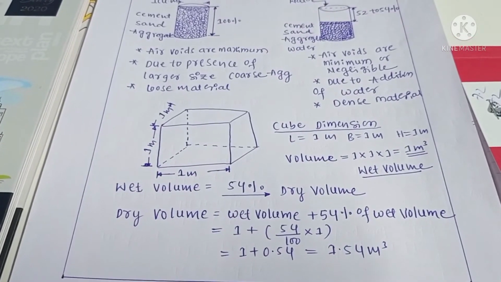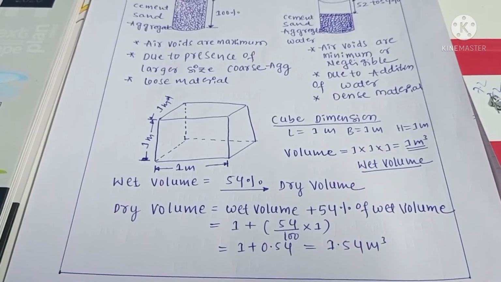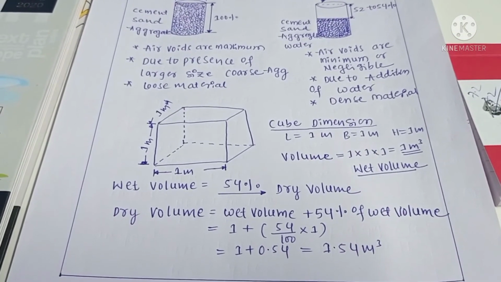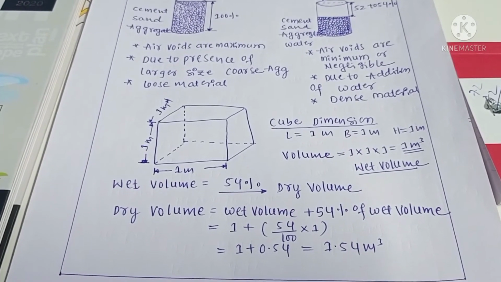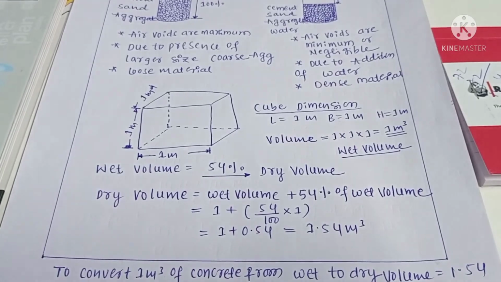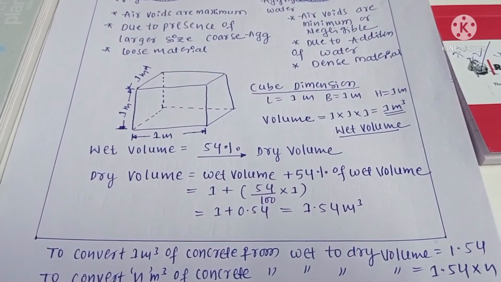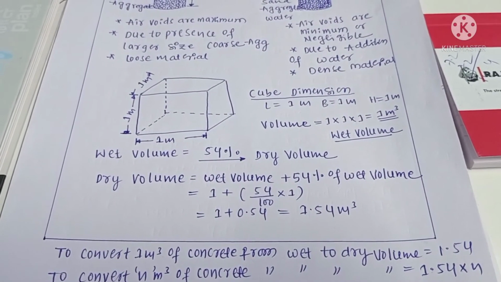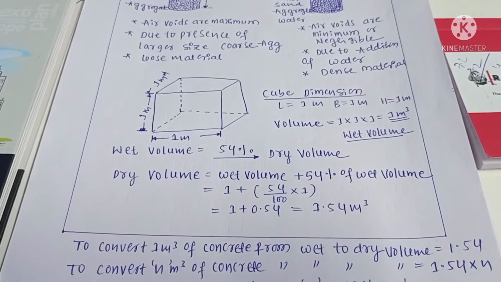I have taken the cube, which I have already discussed. Now the dry volume is equal to the wet volume increased by 54%. We have to increase the wet volume by 54% to get the dry volume. That means dry volume equals wet volume plus 54% of wet volume. In order to balance to the 100% dry volume, after adding the water we have to increase the amount by 54%.